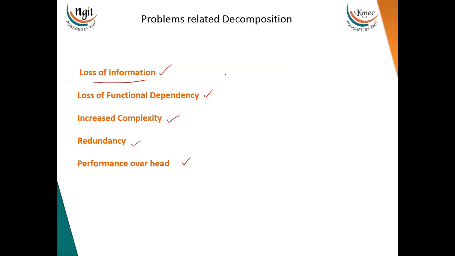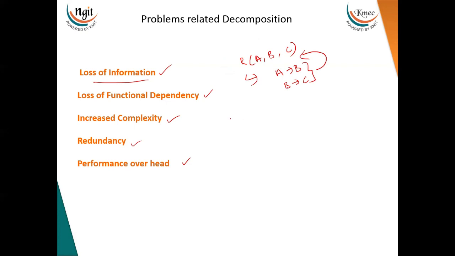Now let us understand what loss of functional dependency is with an example. Consider a relation R with attributes A, B, and C. And it also contains the following functional dependencies, that is A tends to B and B tends to C. These are the functional dependencies that are derived for this particular relation.